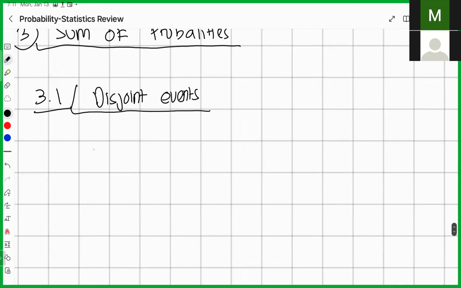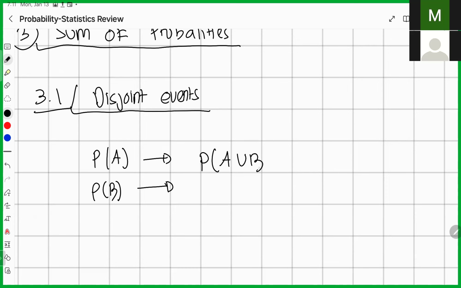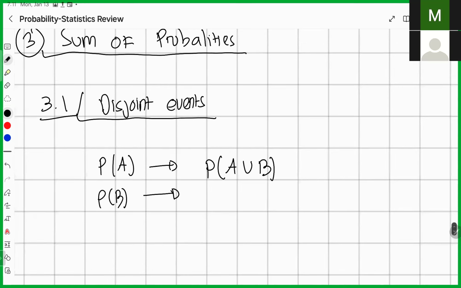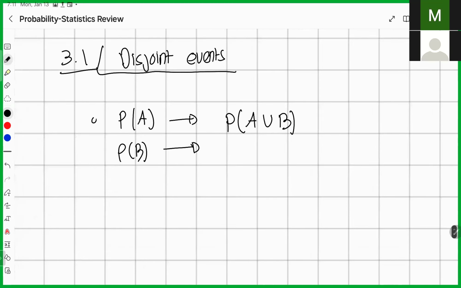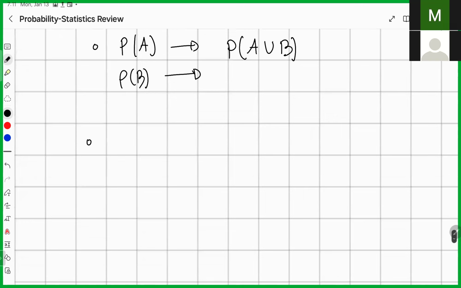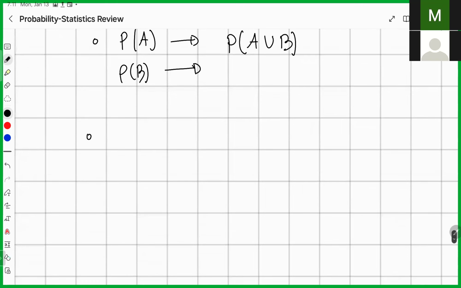So disjoint event, let's say you have A and then you have B here, it is symbolized with this expression. So this is a disjoint event. For example, if we draw this in a Venn diagram, you have this.